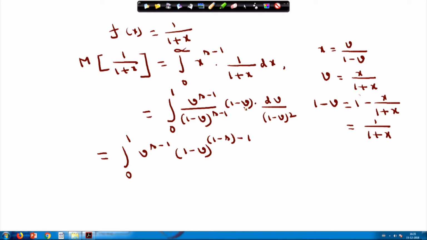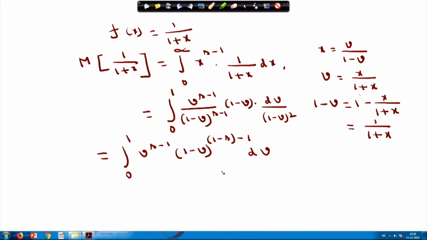You had 1 minus v in the numerator and here 1 minus v whole square, so 1 minus v will be cancelled, only one factor of 1 minus v will be there. So you have 1 minus v to the power s, this plus 1 will be cancelled, and if I take it up it will be minus s. So, I am writing 1 minus v to the power 1 minus s minus 1 into dv.